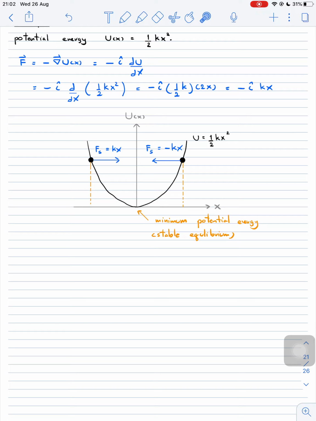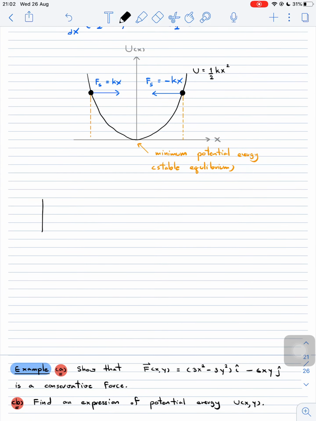Actually, okay, if we consider gravity, let's try another thing. We know that gravity just points in this direction.